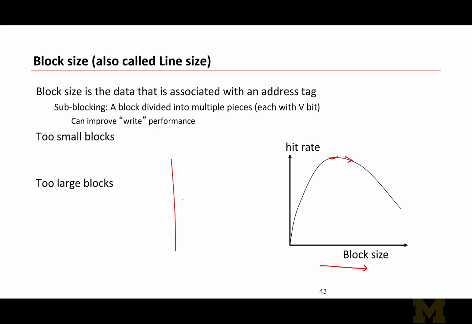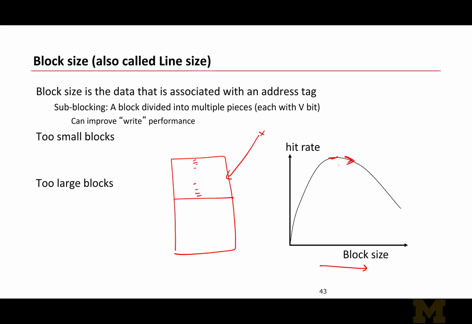So if you assume that the cache size is a constant, and if you divide up that cache into really large chunks, let's say 2 big chunks, and if I access an address X and you bring in a big chunk of data and fill up one big chunk, and if I don't really access most of it, right, then I have polluted my cache with all this useless data which I'm never going to access. So you're reducing the effective capacity of your cache by increasing the cache block size, and that's why you see a decrease in the cache hit rate.